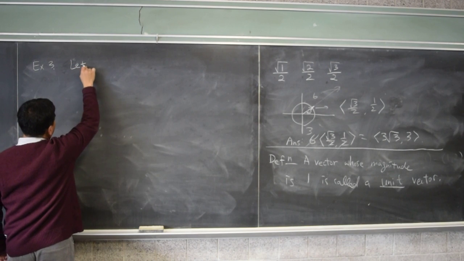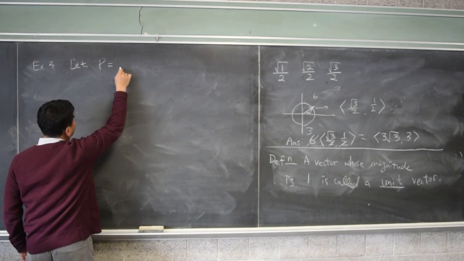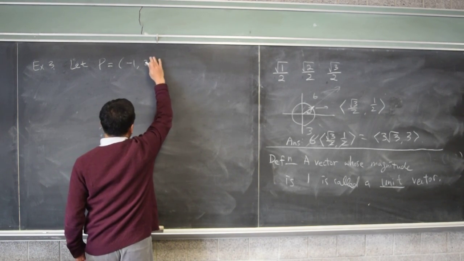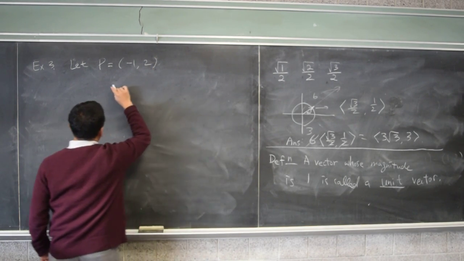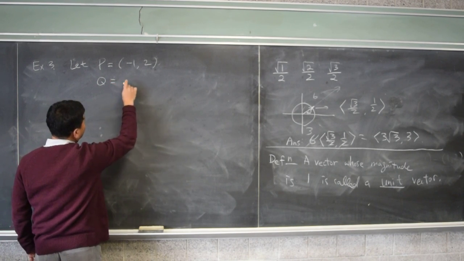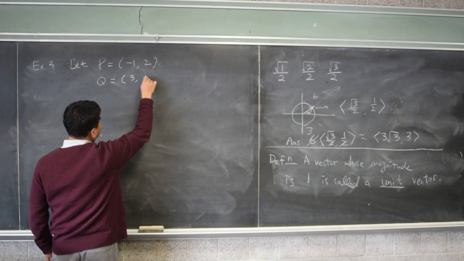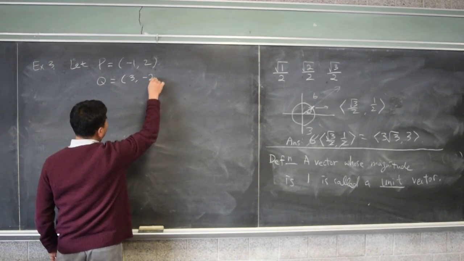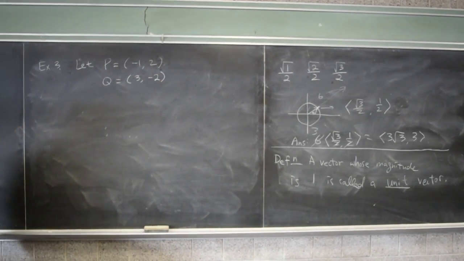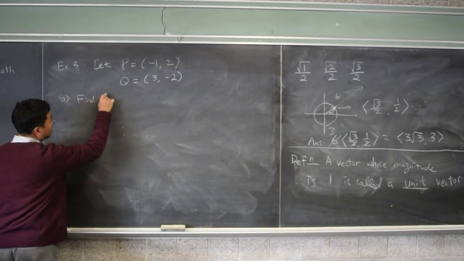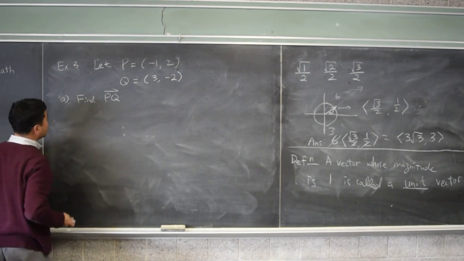Let P be the point (-1, 2), and Q be the point (3, -2). A, find PQ.